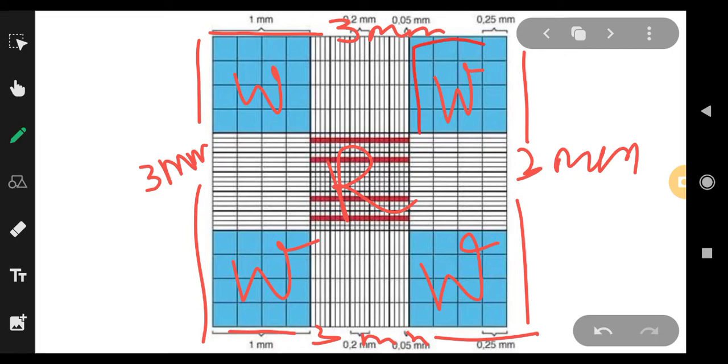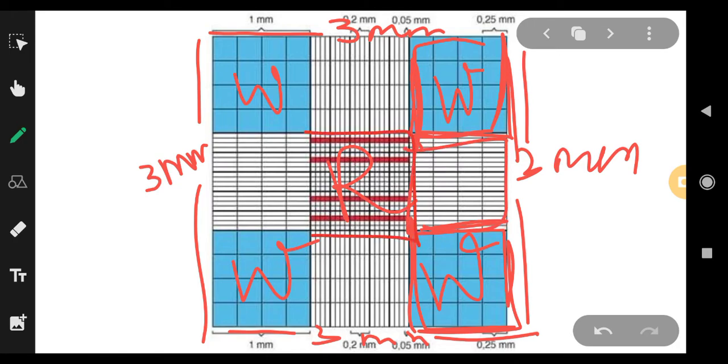This one box's length is 1 mm by 1 mm. This again is 1 mm by 1 mm. This is also 1 mm by 1 mm. So this is the dimension of every big box here. Like that you can calculate the dimensions of a smaller box.